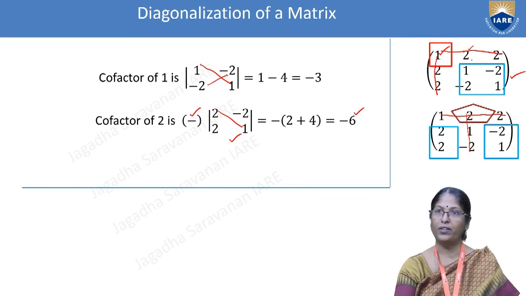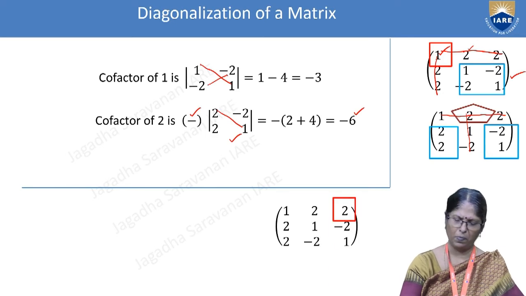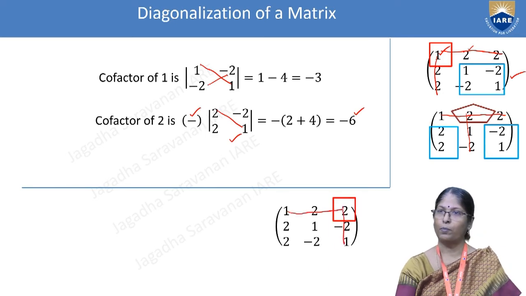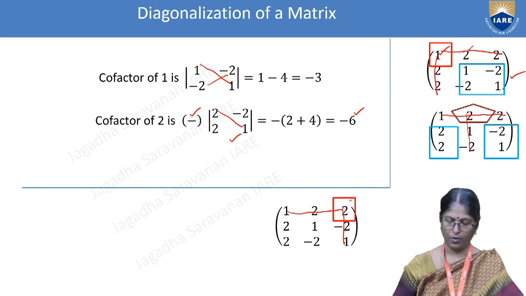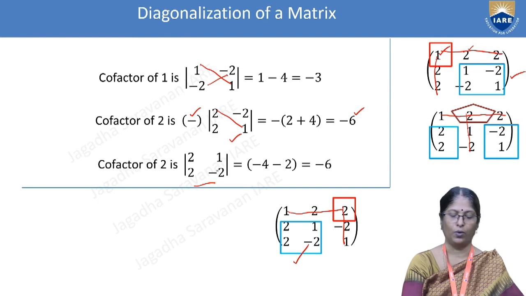So 2 we completed. The next, in the first row, one more is the balance. That is this position. It's very simple. That particular row and column we neglect. The balance determinant becomes the cofactor of this 2. So cofactor of this 2 is this cross multiplication: determinant of 2, 1, 2, minus 2.